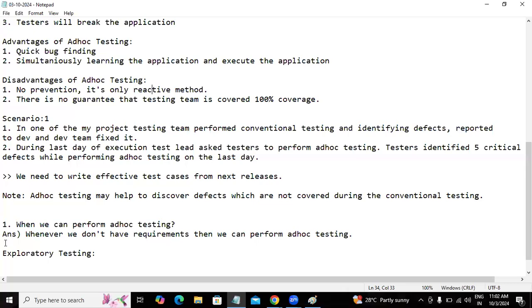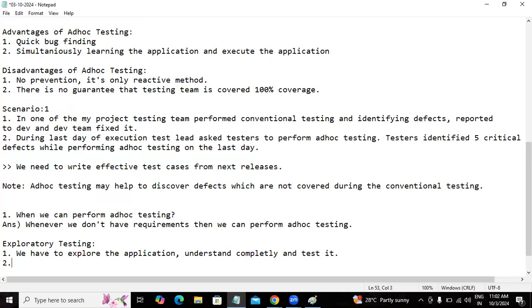Exploratory testing: we have to explore the application, understand it completely, and test it.